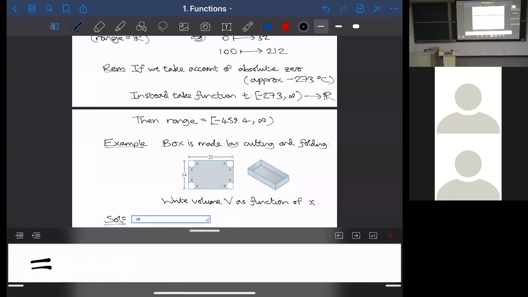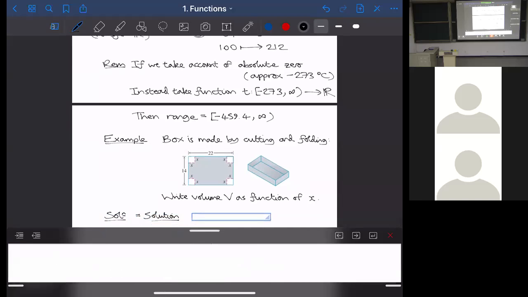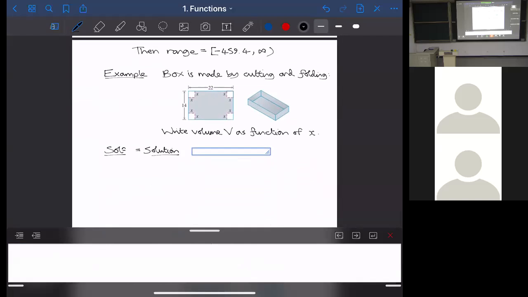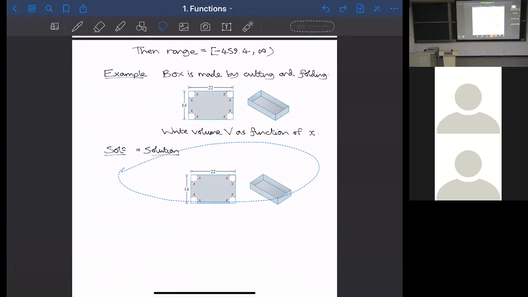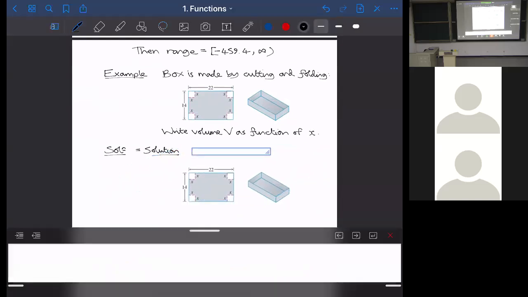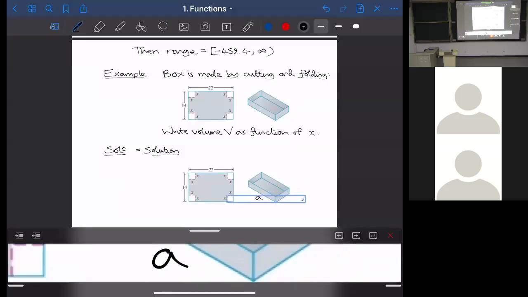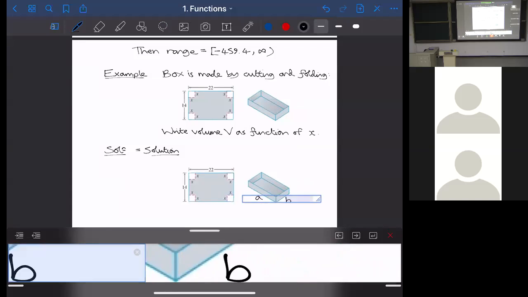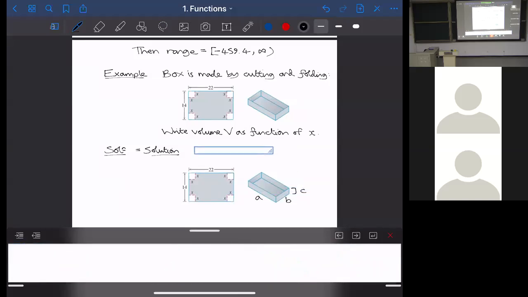So solution: the box is a cuboid, so if we know the lengths of the sides, say A, B, and C, then we can multiply them together to get V equals ABC.